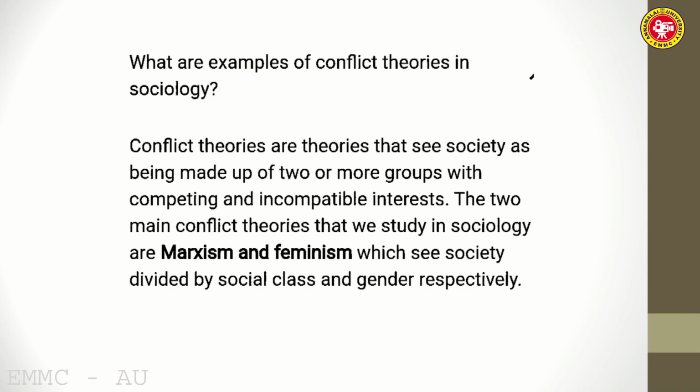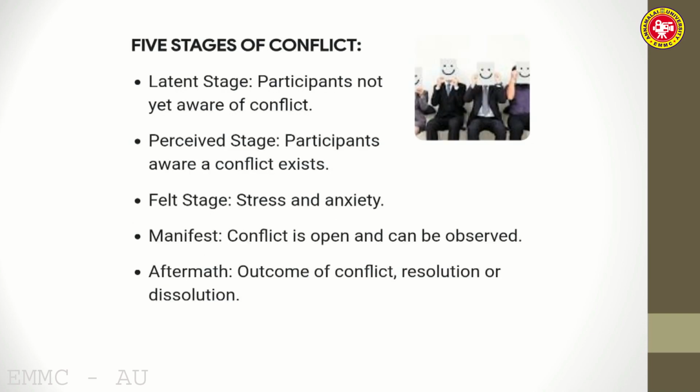The two main conflict theories that we study in sociology are Marxism and feminism, which see society divided by social class and gender respectively. Conflict theory consists of 5 stages.